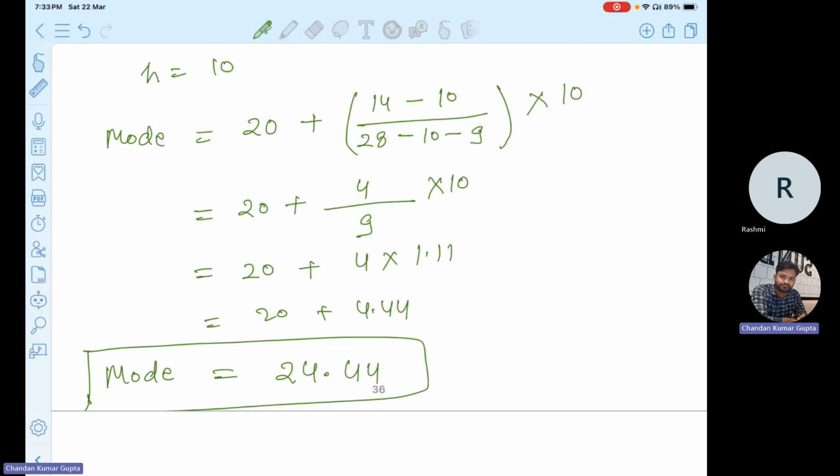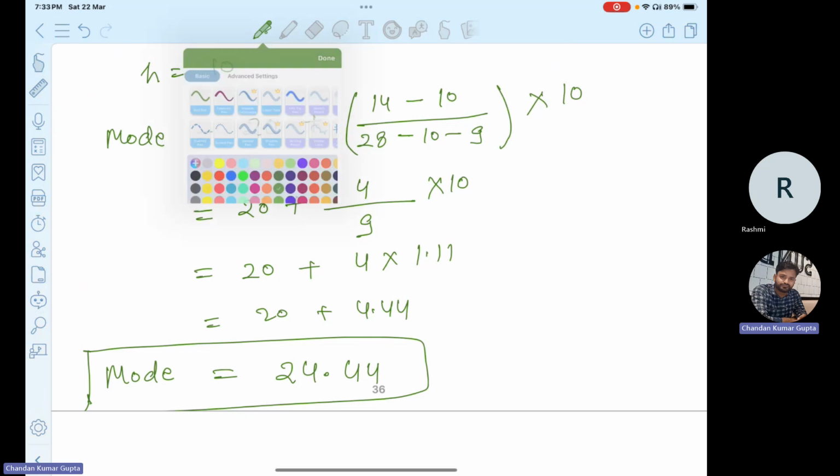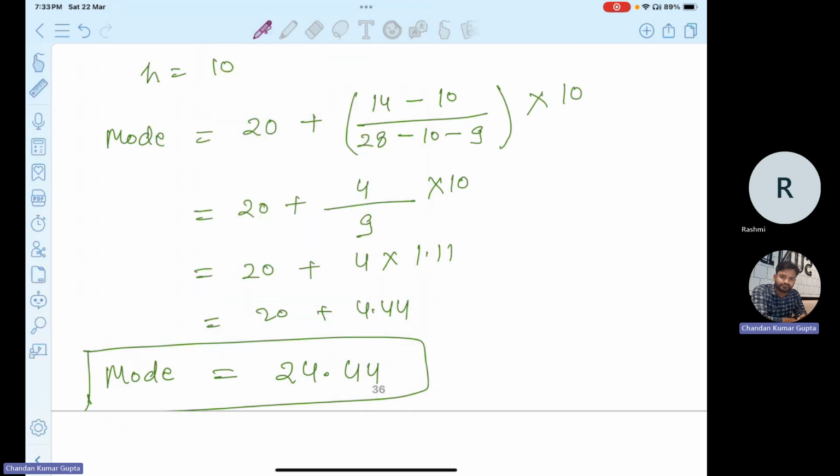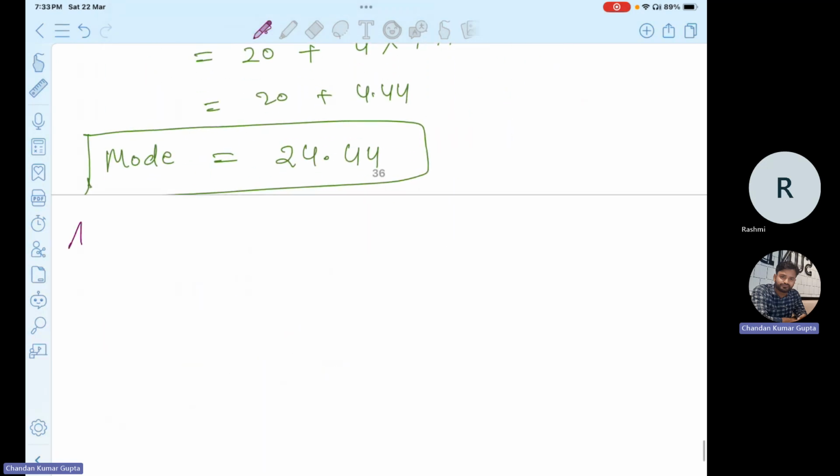Also, if you remember, we have discussed one empirical relationship between the mean, median, and mode. Let's see an alternative approach to calculate the mode value.